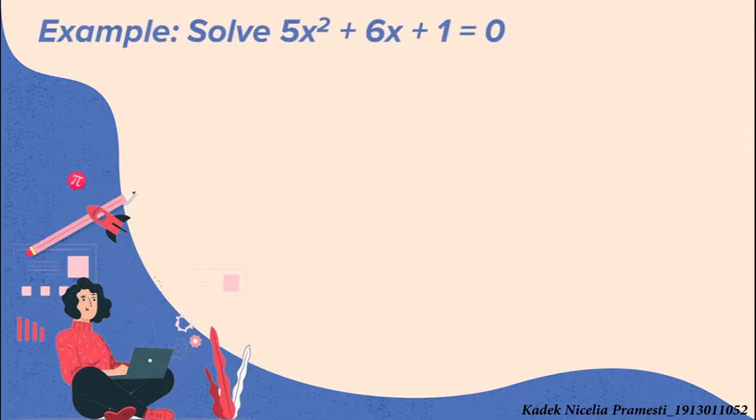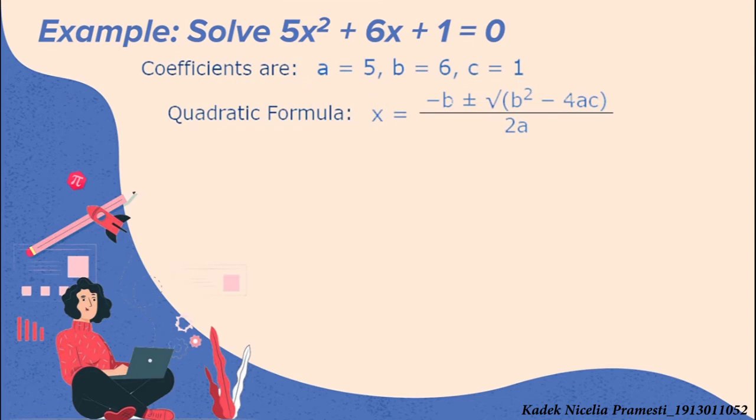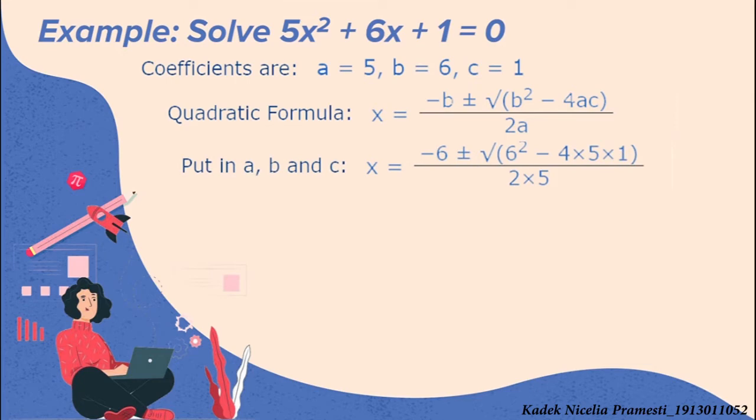Okay, for example about the quadratic formula, solve 5x squared plus 6x plus 1 equals 0. Okay, so we know the coefficients are a equals 5, b equals 6, and c equals 1. Okay, we get the quadratic formula and put in a, b, and c.